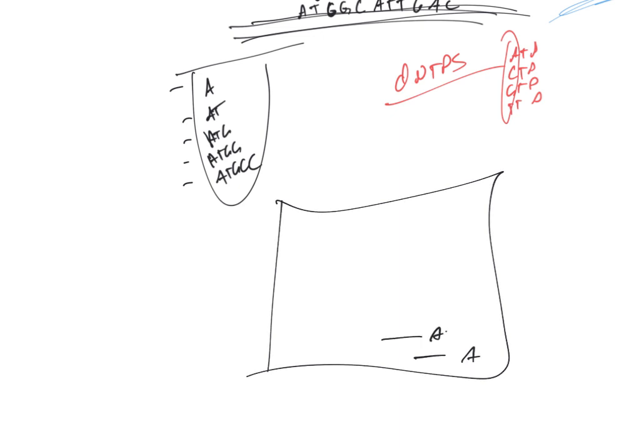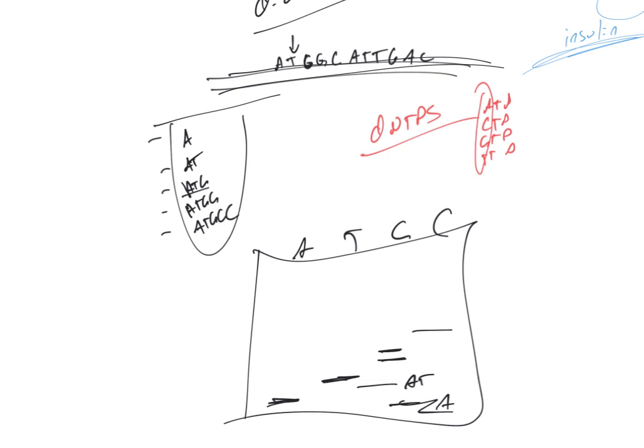So this is AT. Then you have ATG, which would be here. And then ATGGC. As I go up, my next fragment would be ATGGCA.